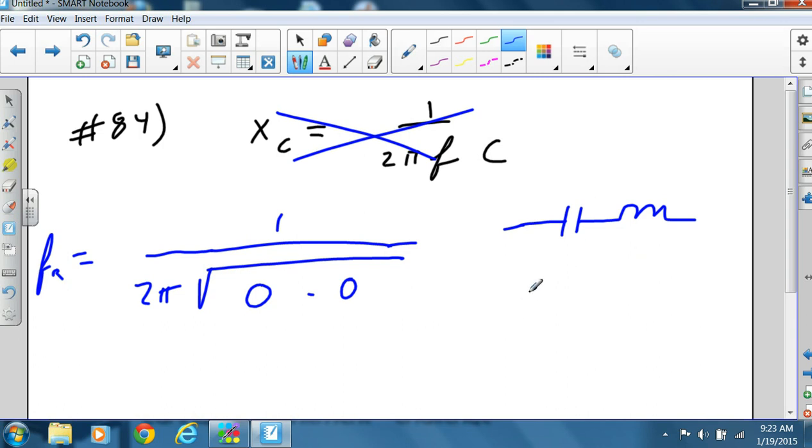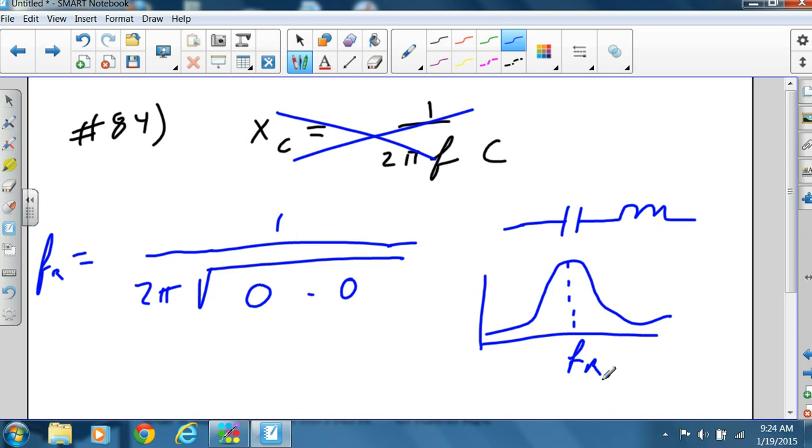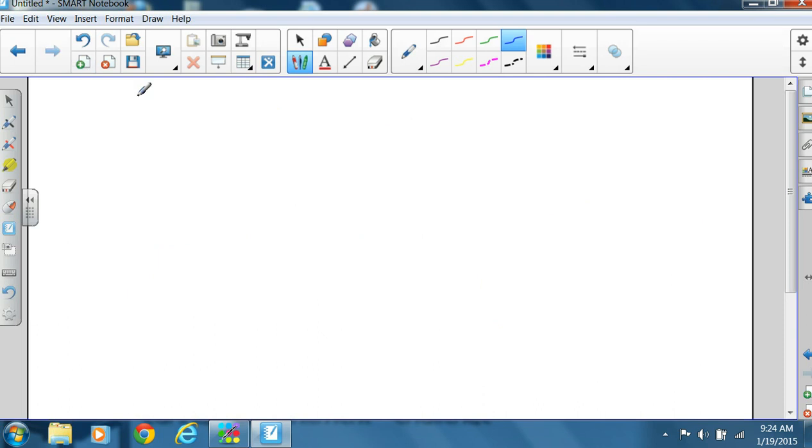So this circuit will show a response like that, and right there is FR. You do remember that. Maybe anybody remember that at all? No, okay, well that's fine. We'll get to it later then. But anyway, we want to find this answer.